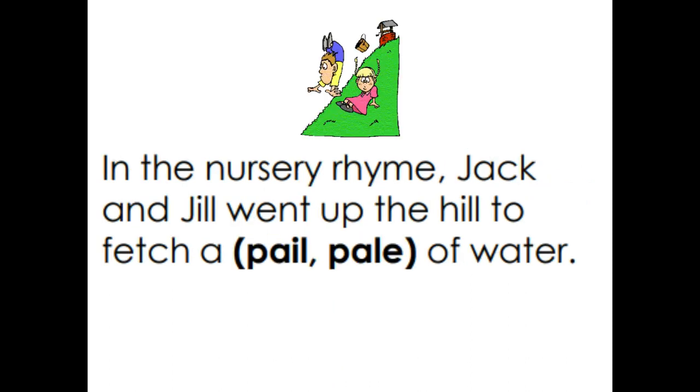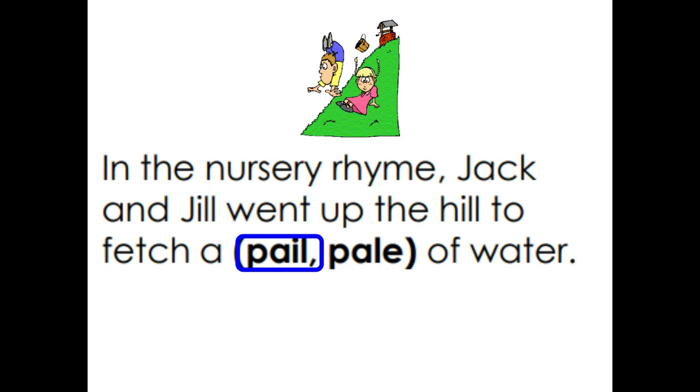The next one: in the nursery rhyme, Jack and Jill went up the hill to fetch a pail of water. We're all probably familiar with this one. See the picture up here, that's when they're tumbling down, the pail. Which one would be the correct version of pail? Hopefully you went with the first one, P-A-I-L.